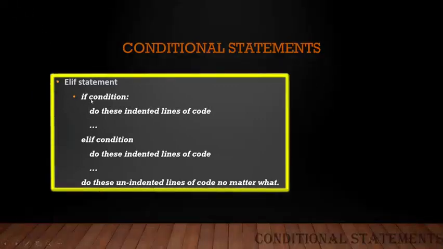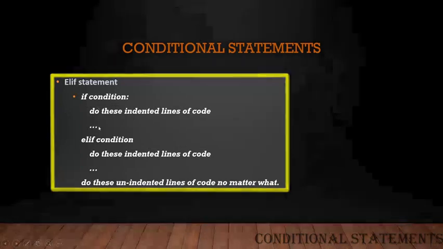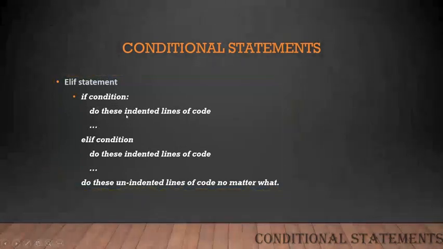It begins with an if condition and has a few indented lines of code, which will be executed when the condition is true. Only when this condition is false will it go to the elif block, where it checks for another condition. If that condition is true, then that block will be executed.